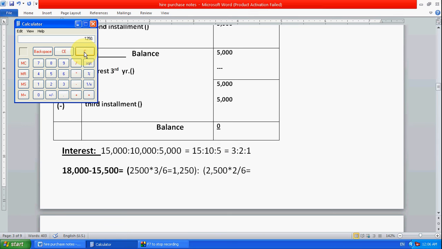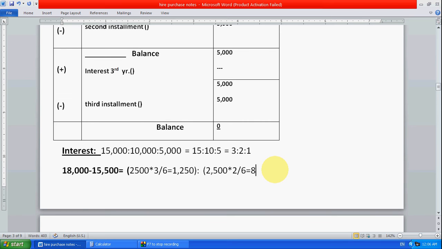Let's check on the calculator. 2500 into 2 divided by 6, 833. How much are we getting? 833.